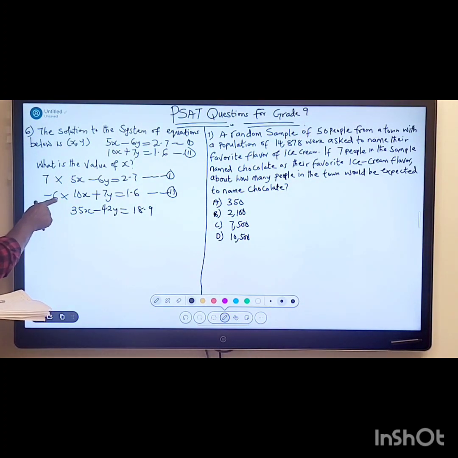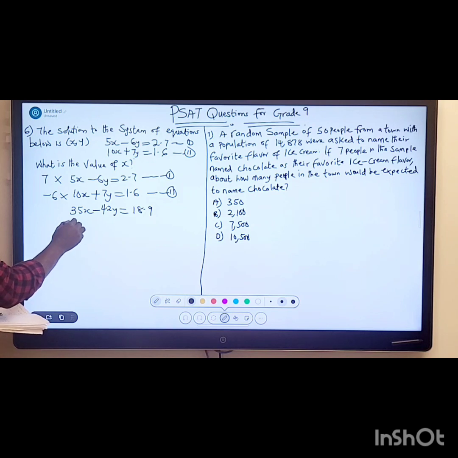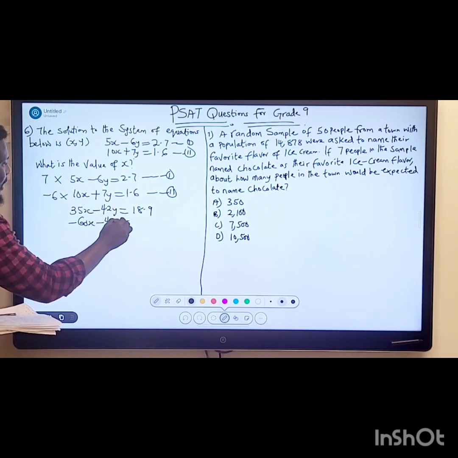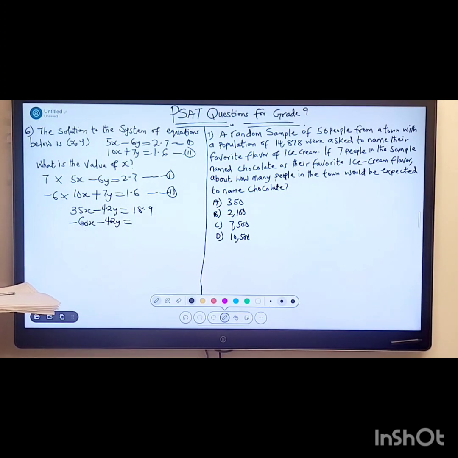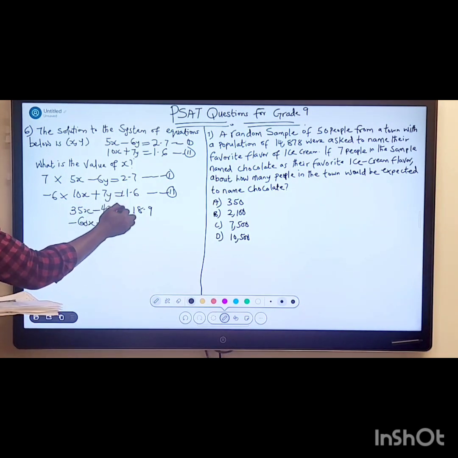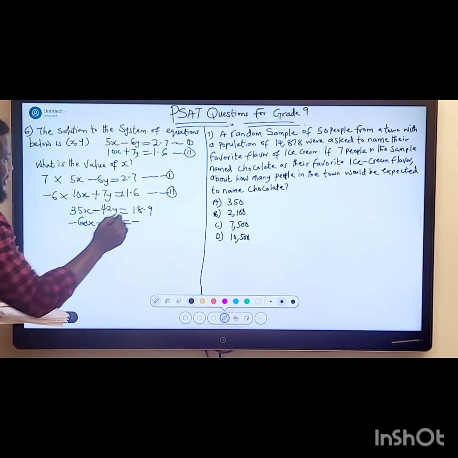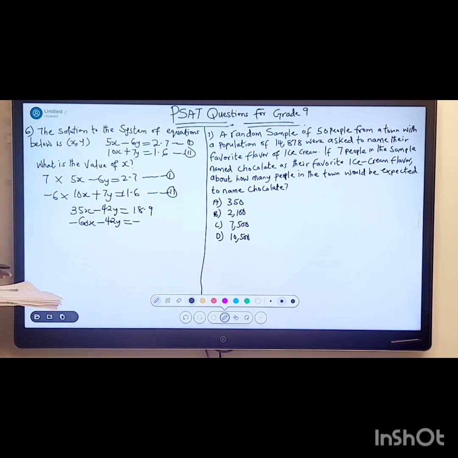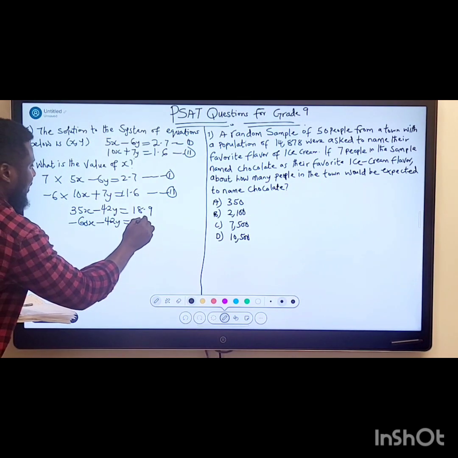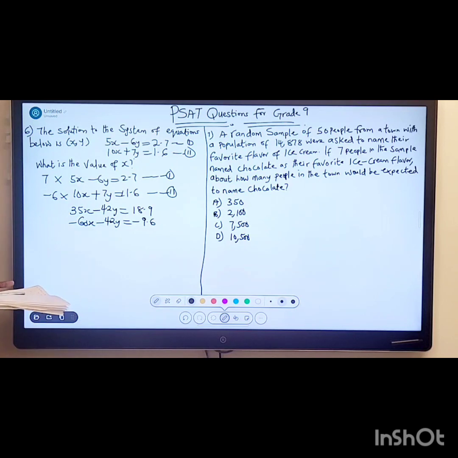Negative 6 times 10 gives us negative 60x. Negative 6 times 7 is negative 42y, equals negative 6 times 1.6, which gives us negative 9.6.